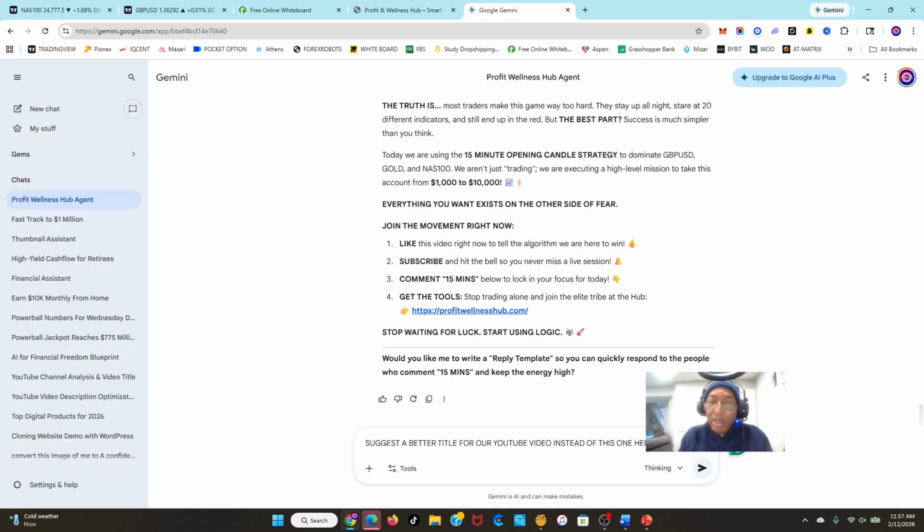Made 595 in 22 minutes, trading the NASDAQ 100 using a simple breakout, using the 15-minute breakout candle, which is the opening candle, the 15-minute opening candle breakout, fair value gap.